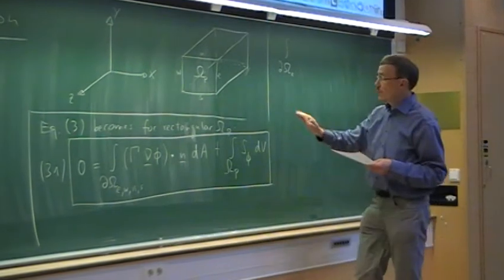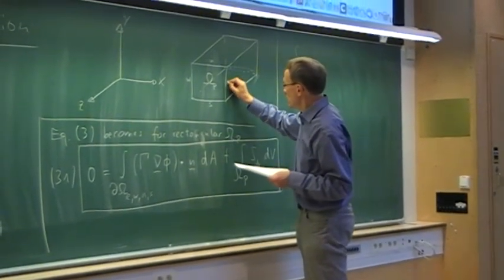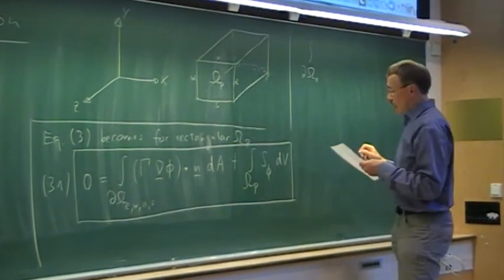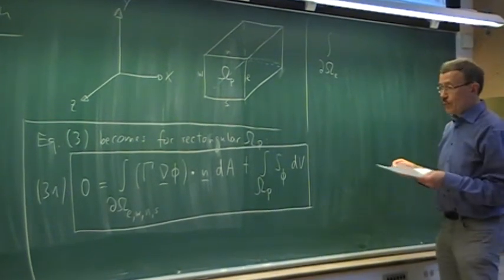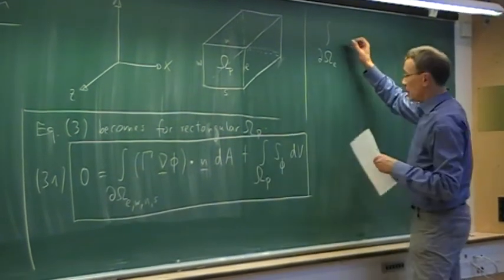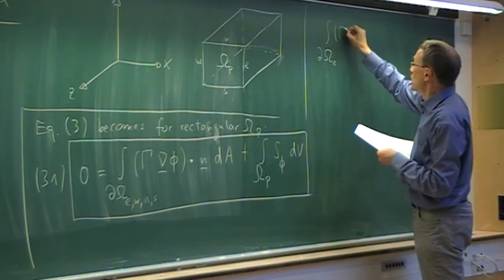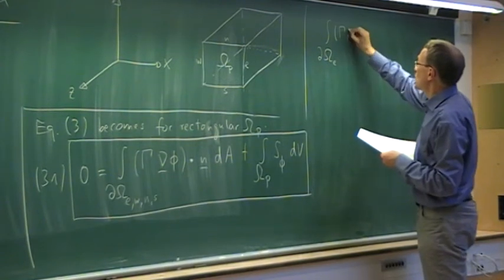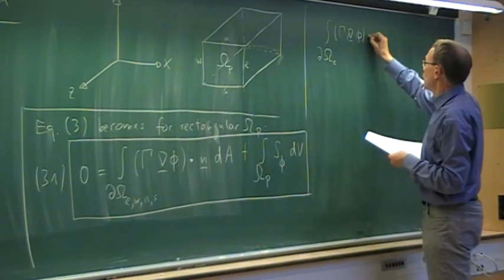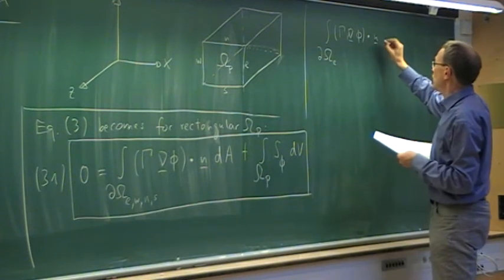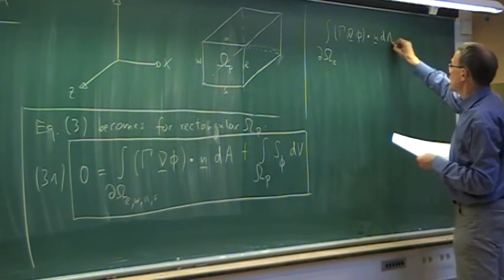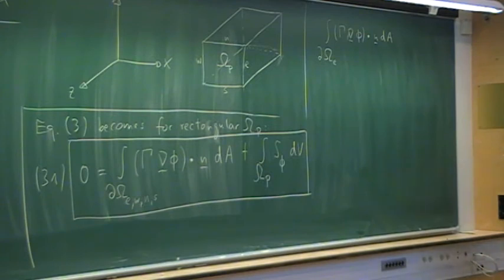That is the eastern face here, this one here. And what do we have to compute? Well, we just write it again. That is just the diffusion coefficient times the gradient of phi, the dot product with the outer unit normal vector n, and it is the surface integral. And now we have to think a little bit: what is the normal vector at the eastern face?